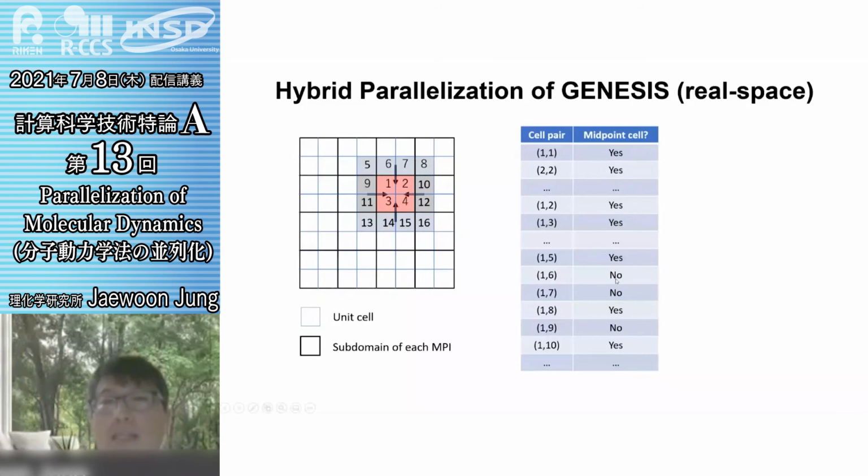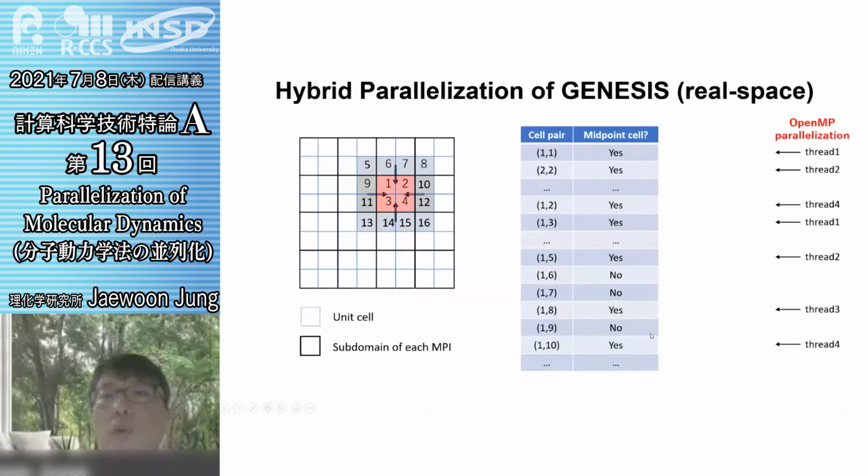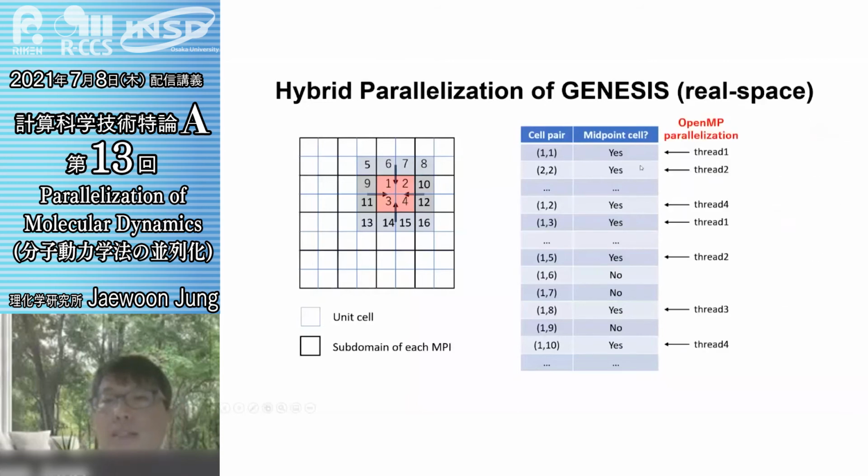And after making this midpoint cell checking, only for the yes part, we parallelize by OpenMP. So this cell pair list is again distributed by OpenMP. And in this way, we could obtain a good parallelization scheme.